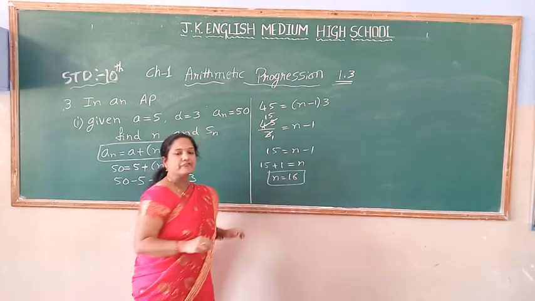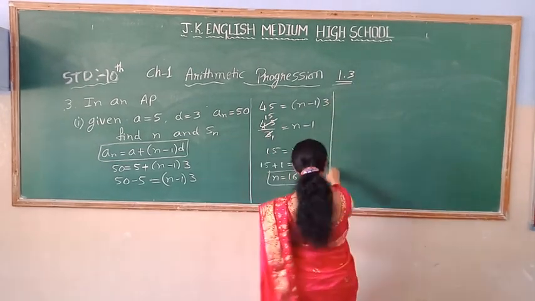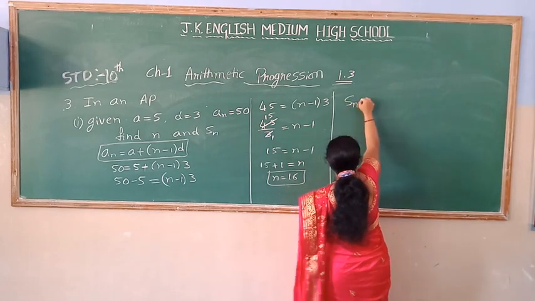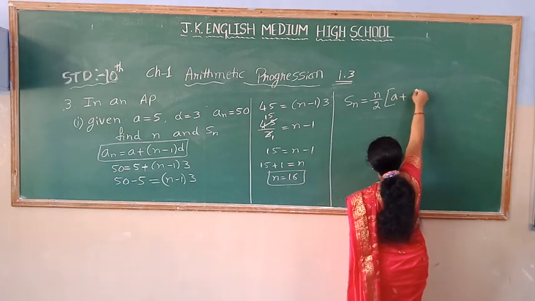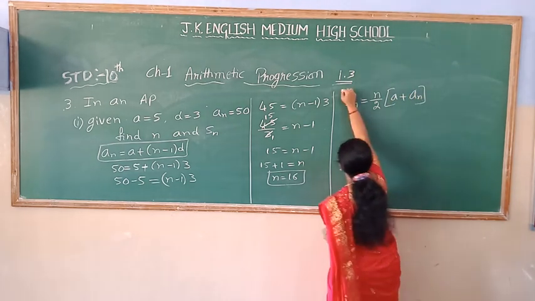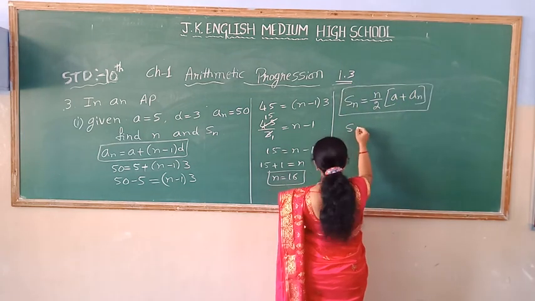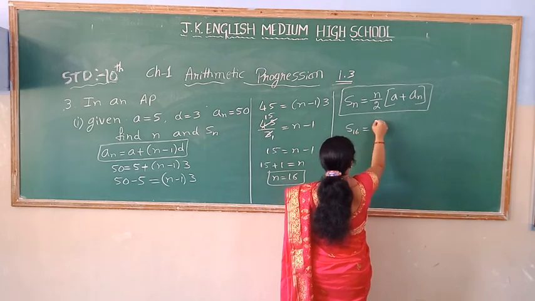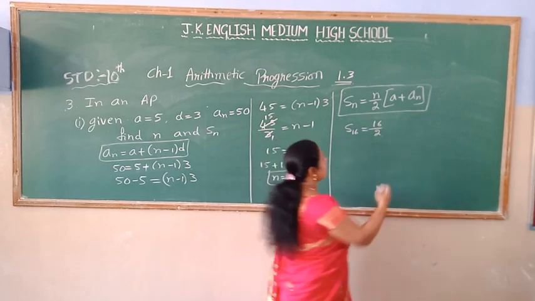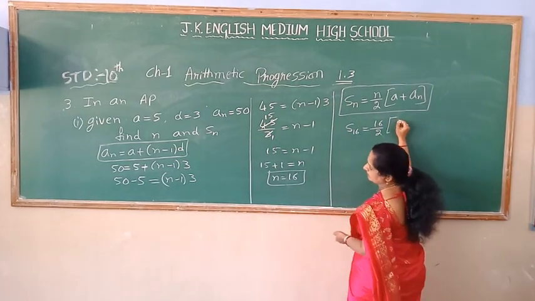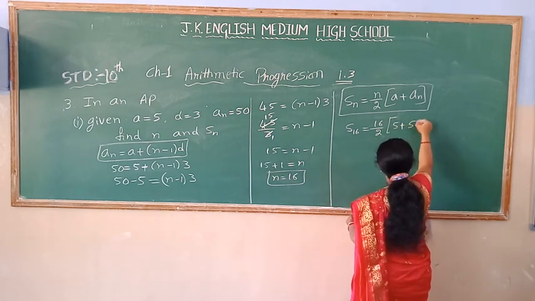After getting the value of n, we have to find the sum of n terms. When we know the last term, I can use the formula Sn is equal to n by 2 into a plus an. So substitute the values and simplify now. The method is the same, the terms are different. n value is 16. The first term is 5 and the last term an is 50.